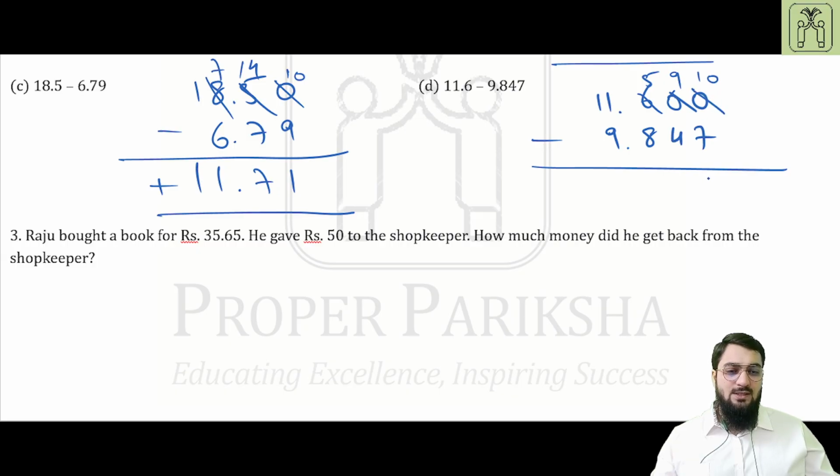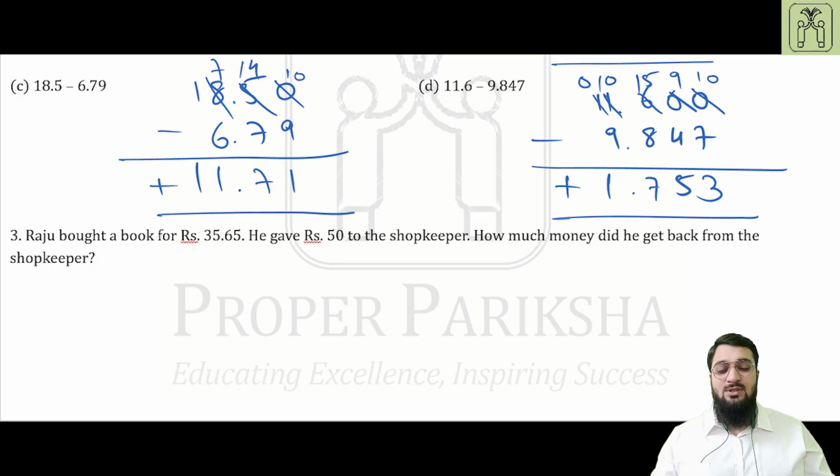So 10 minus 7 will become 3, 9 minus 4 will become 5, 5 minus 8 will not be possible, so this will become a 15, and this will become a 0. So 15 minus 8 will give you 7. Decimal point will be added, then this 0 will have nothing, so this will become a 0, this will become a 10, and 10 minus 9 will give you 1, so 1.753 with a plus sign will be the answer.